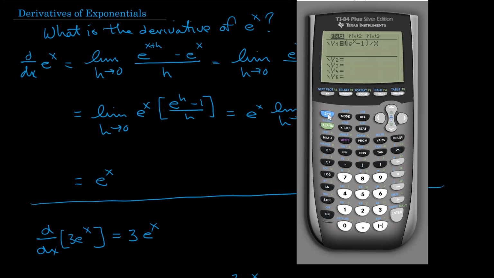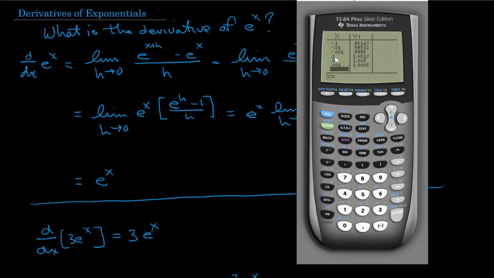Great. Now remember, I want my variable to approach 0 from both sides. So as I come in toward 0 from the left, look what's happening to these values. It's 0.95, 0.99, 0.999. This is going toward 1.